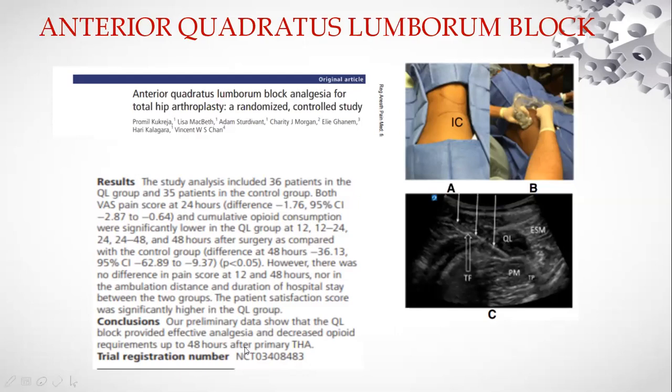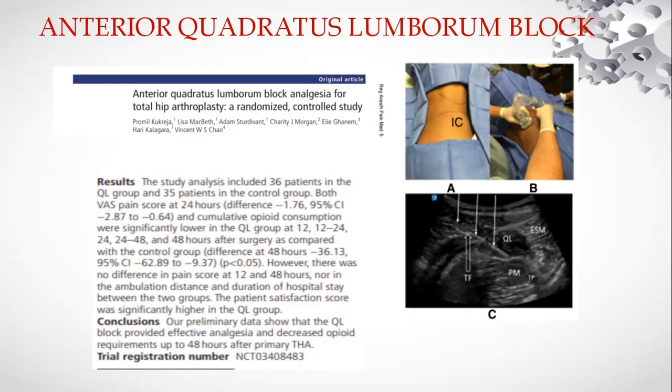They conducted a study with around 36 patients, where 36 patients received the anterior quadratus lumborum block. The other group was not receiving it; this was a control group. They found in their data that there was effective analgesia initially, at least within the early postoperative period. The pain score was better with the anterior quadratus lumborum block, but later there was no difference in both the groups.